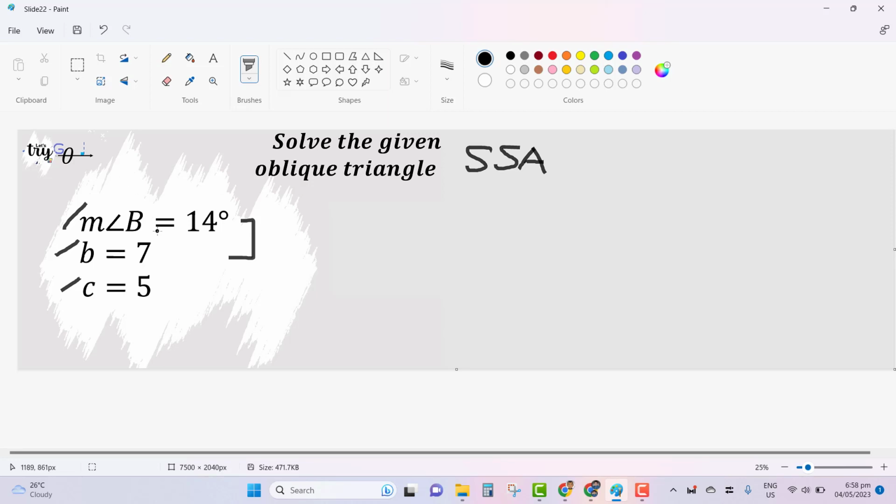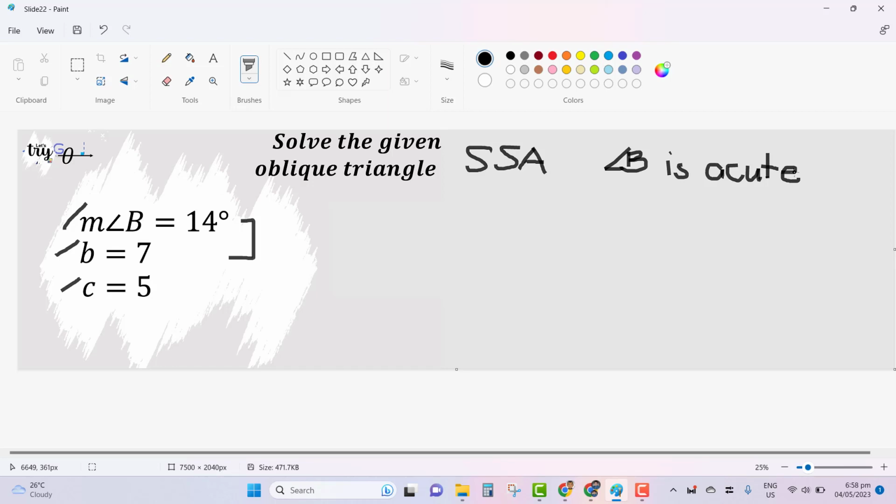Since the measurement of angle B is acute, there can be one, there can be none, or there can be two oblique triangles that can be formed. If the measurement of a given angle is obtuse, there are only two possible situations. There could be one or there could be none.